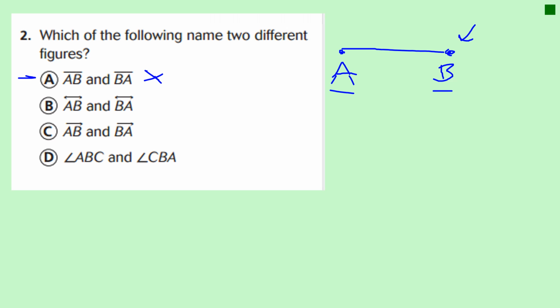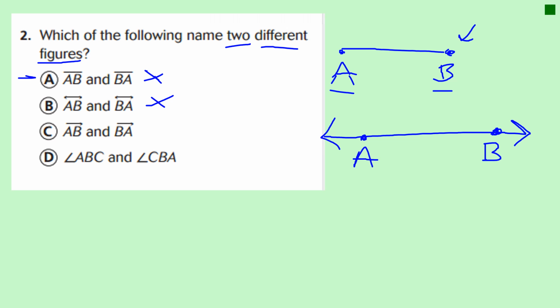All right, this choice B is line AB and BA. Now line is never ending. Okay, we just name it with points. A, B. Same situation, right guys? AB, BA, same. Sorry, B. You do not name two different figures.